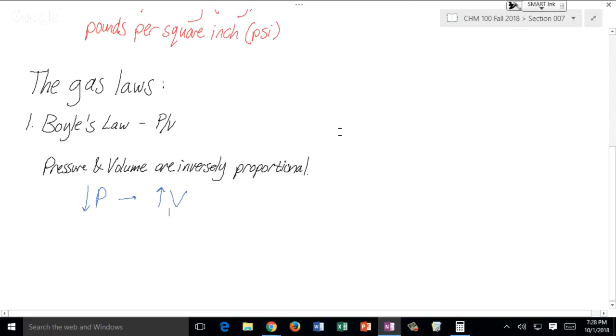Okay, the next one we looked at was called Charles' law, which is temperature and volume.